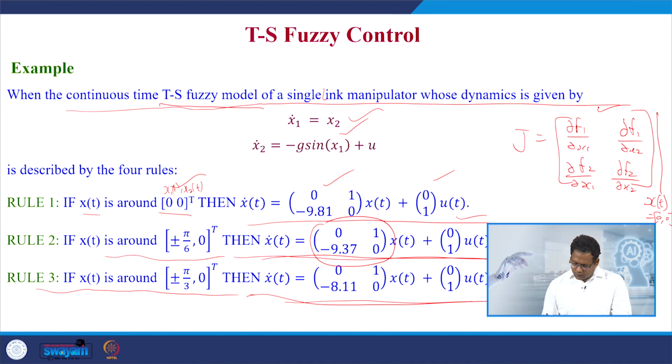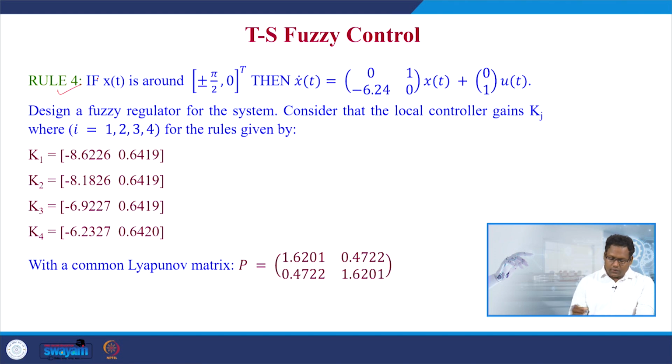Likewise, we can go for rule 2 by having the point being plus pi by 6 0, and we have one more rule corresponding to that with point minus pi by 6 and 0. So, we have a total of 4 rules given here, out of which 3 rules are having plus or minus, the equilibrium points being plus or minus pi by 6 0, plus or minus pi by 3 0, and plus or minus pi by 2 0.